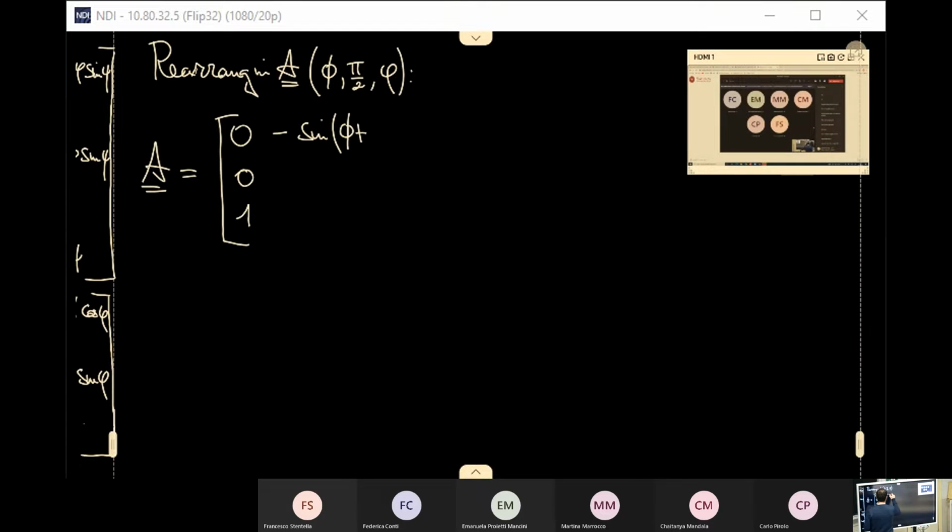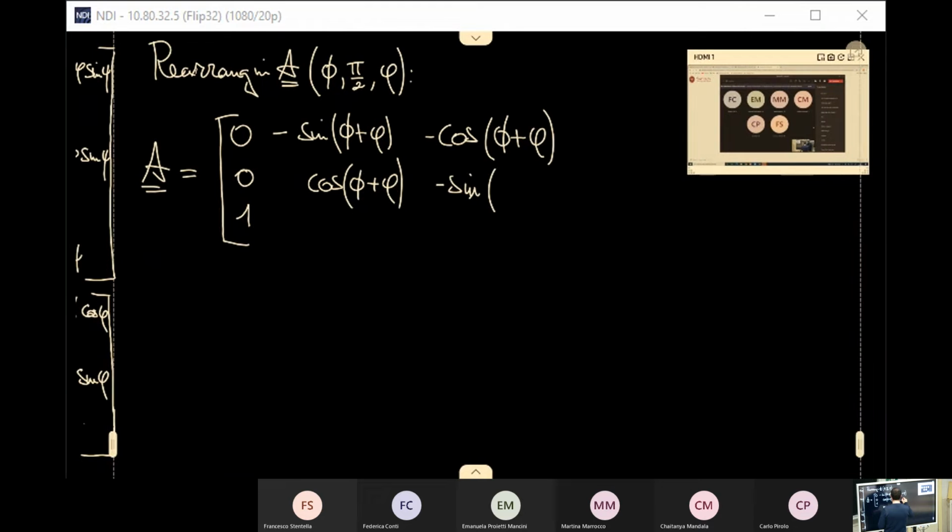Phi plus theta, minus cosine of phi plus theta, cosine of phi plus theta, minus sine, sorry, this is like this, of phi plus theta. Okay.